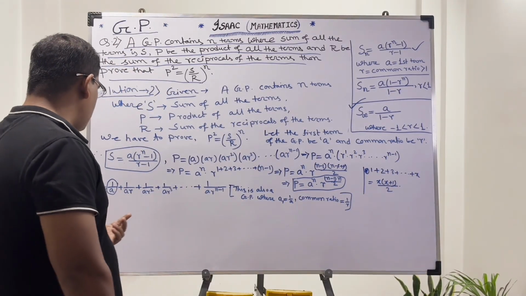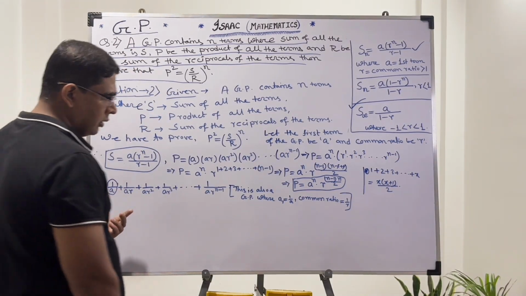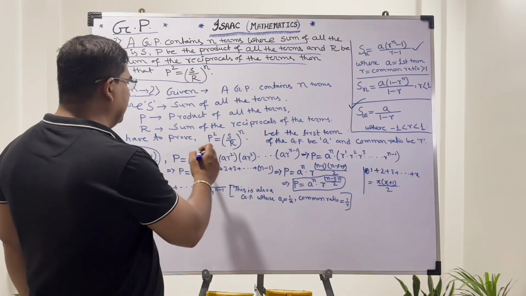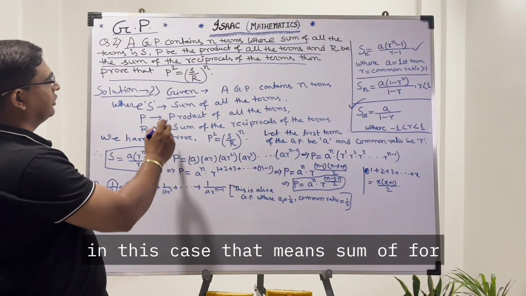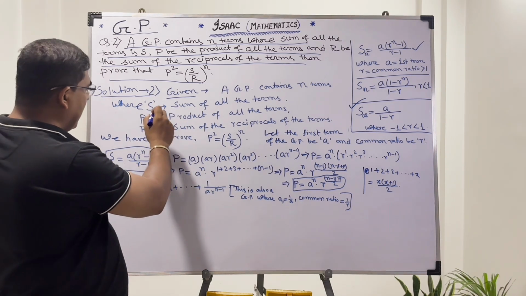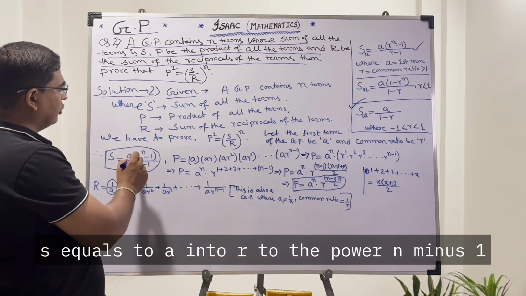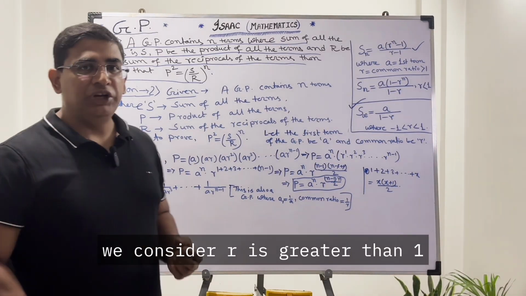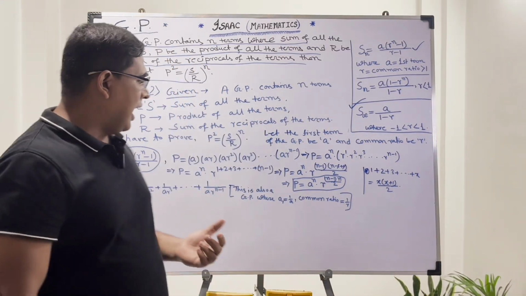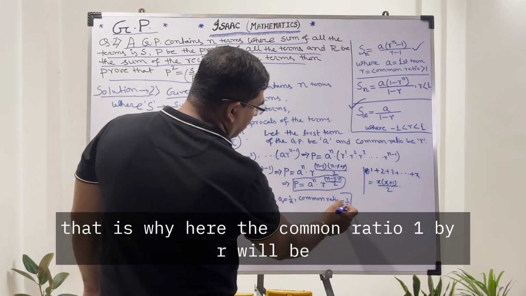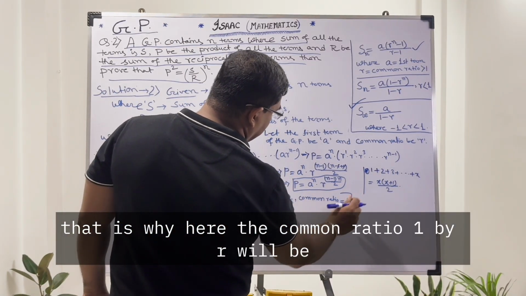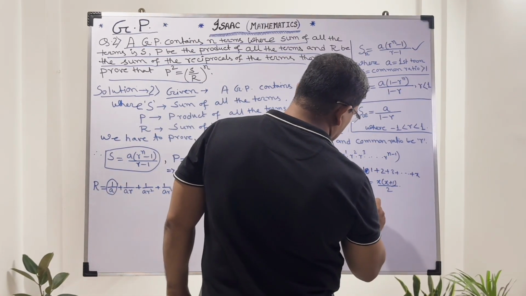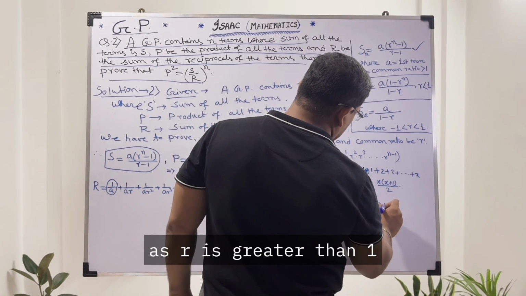So, in this case, for the sum S equals A into r to the power n minus 1 whole divided by r minus 1, we consider r is greater than 1. That is why here the common ratio 1 by r will be lesser than 1 as r is greater than 1.